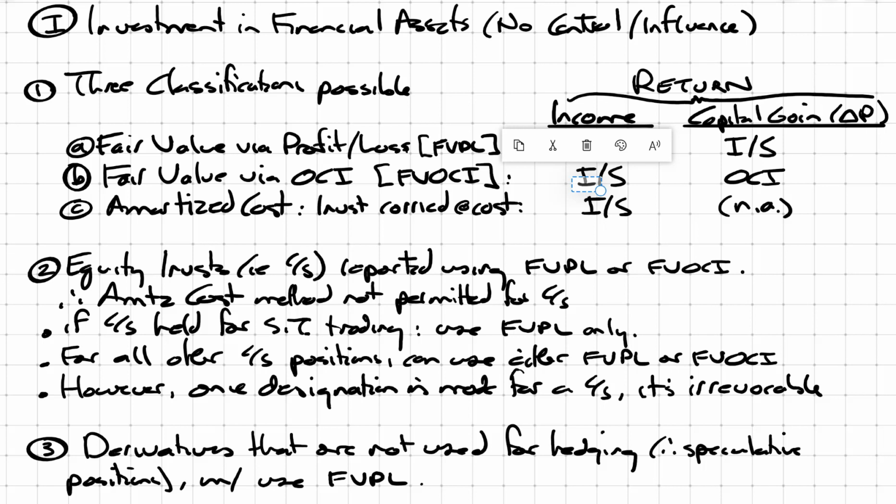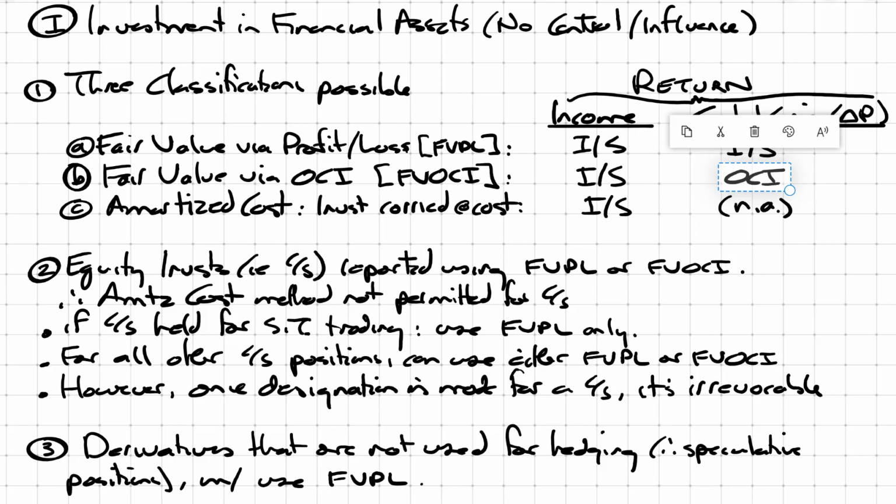So if that security pays any income, such as dividends or coupons, it's going to be recognized in the income statement. However, what if that security was bought at 100 and now it's trading at 120? With this classification, that change in price or the capital gain would be recognized in other comprehensive income. So it would not be directly recognized in the income statement.